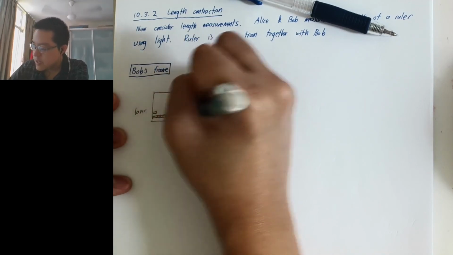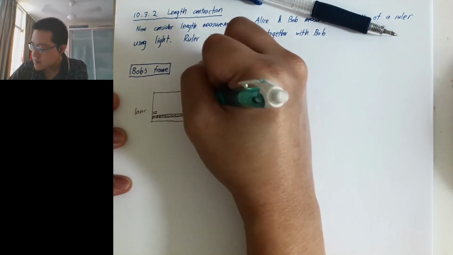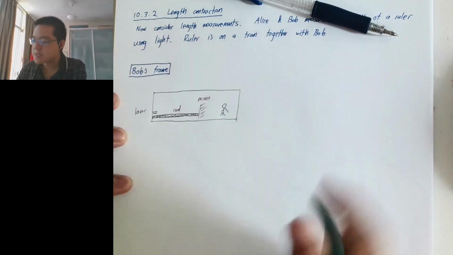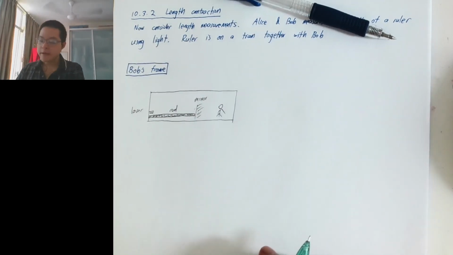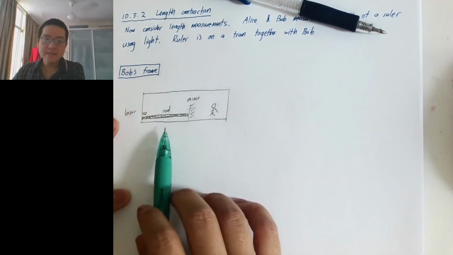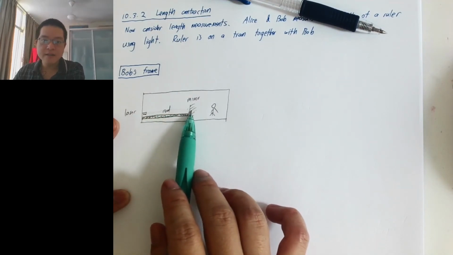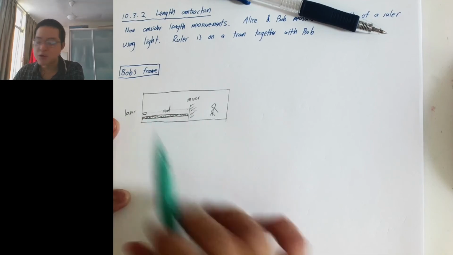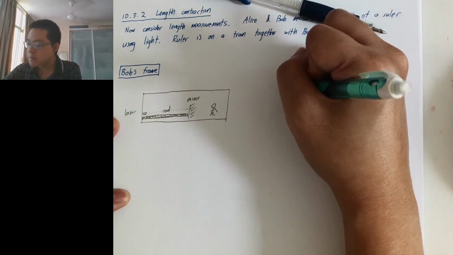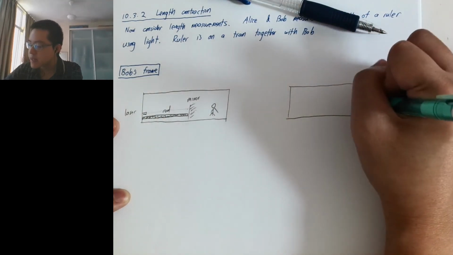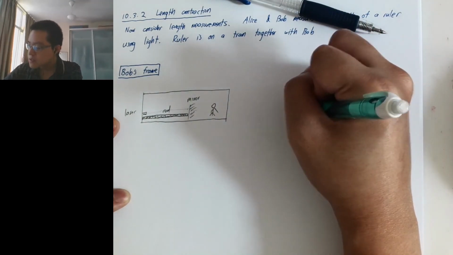And then there's a mirror. So the rod is here, and Bob is on the train doing this experiment. The laser will shine, travel across the rod, hit the mirror and come back to the starting point of the laser. So from the perspective of Bob, nothing is moving because everything is in a train together. So the rod is here.